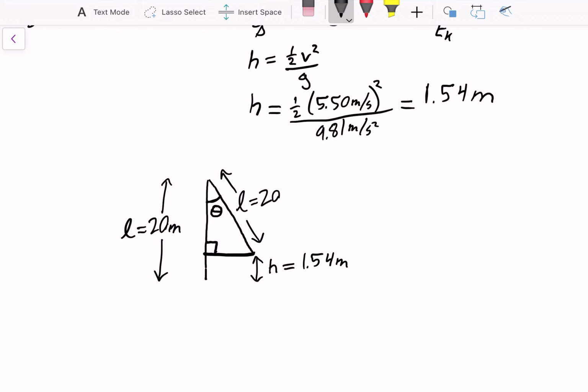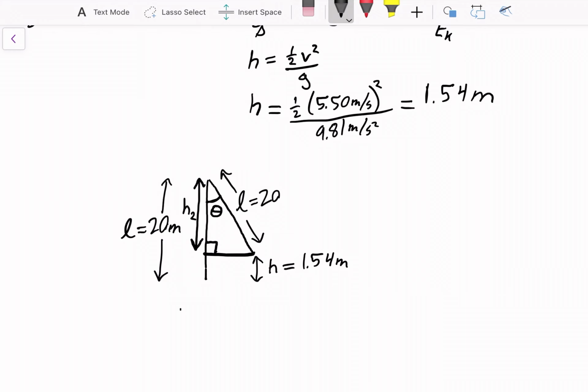So in order to find this angle, we can use some trigonometry, some of our trig identities, to say that this length right here on this side of the triangle is going to be the difference between 20 meters minus 1.54 meters. I'll call this H2, let's say.